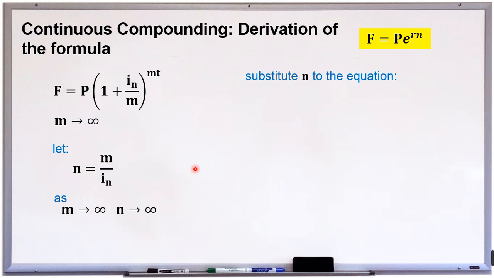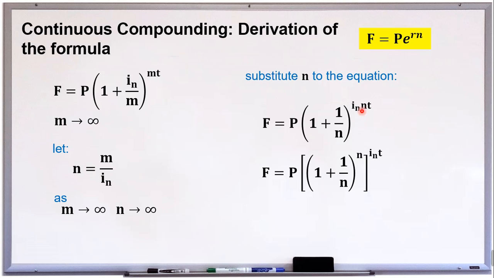Next, we're going to substitute this variable n to our original equation. The difference is that the expression i_n over m becomes 1 over n, and the exponent becomes i_n times nt.